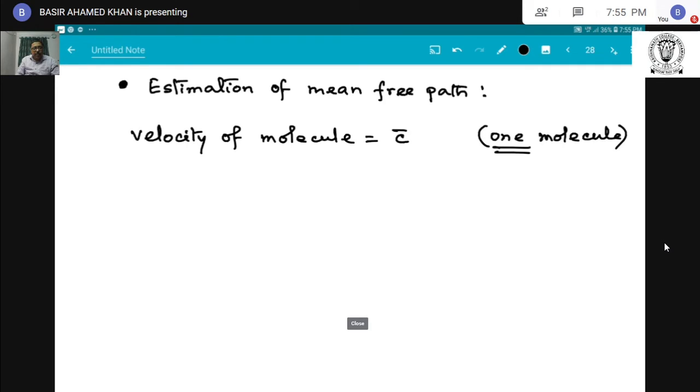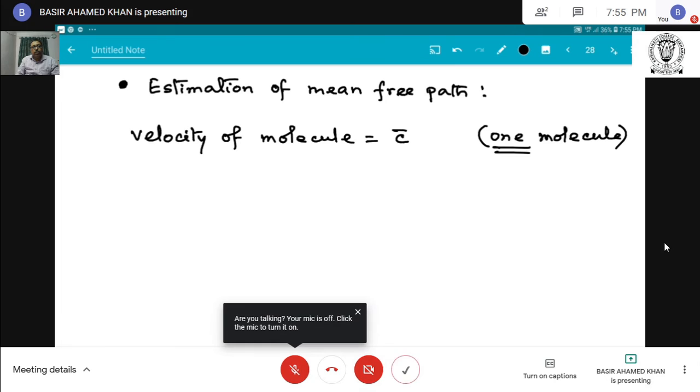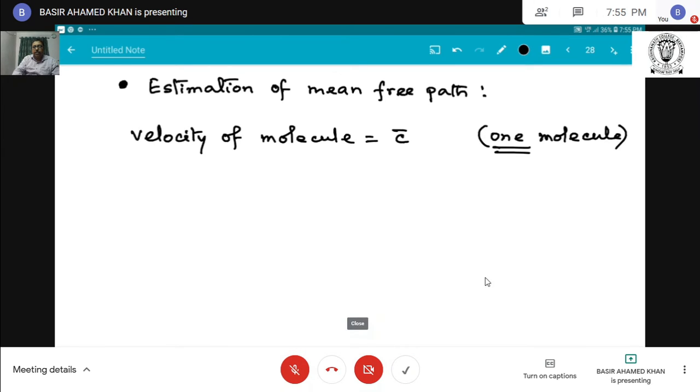I repeat again, to estimate the mean free path of a molecule, we consider only one molecule moving with velocity c bar and other molecules at rest.